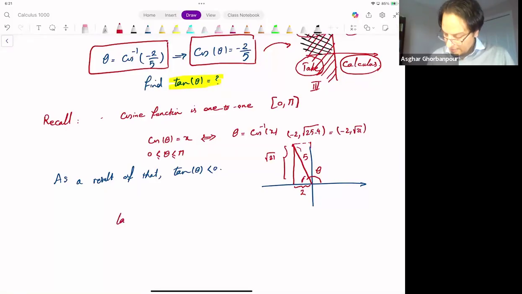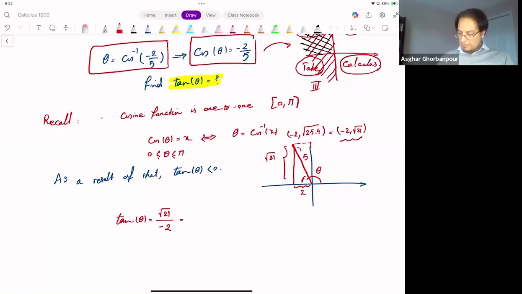So tan of theta, I can use these coordinates here that we have. I can say that, okay, this is opposite over adjacent. So it's root 21 over, well, if it was a triangle, it would be just 2. But we know that we have to make it -2 here just to make everything work. That's how we go from only the first quadrant to all other quadrants.